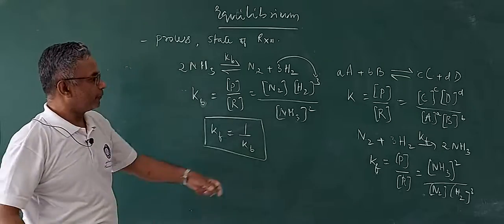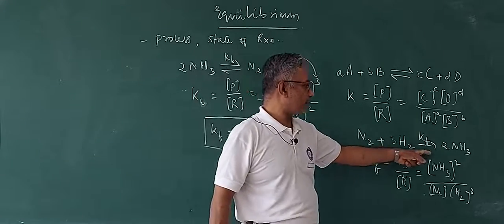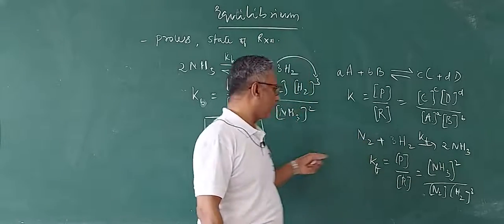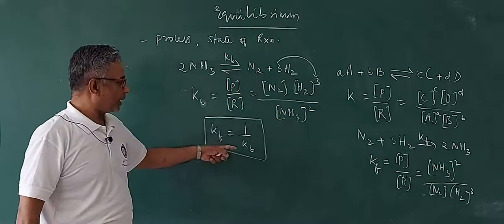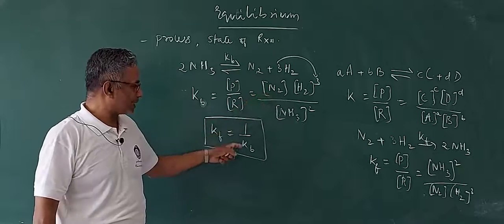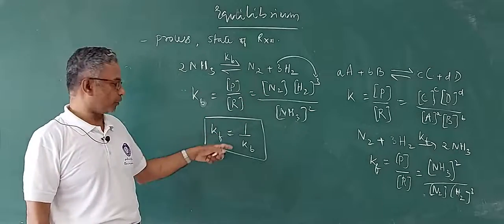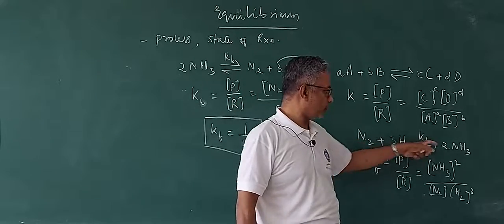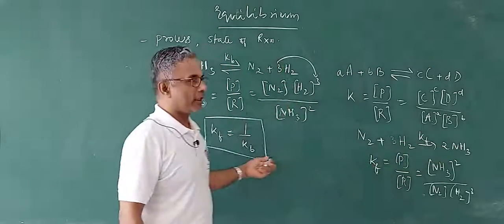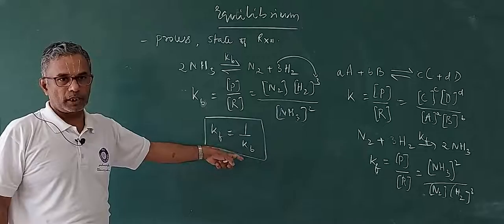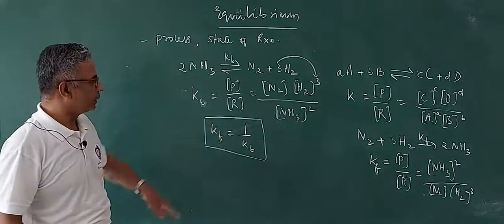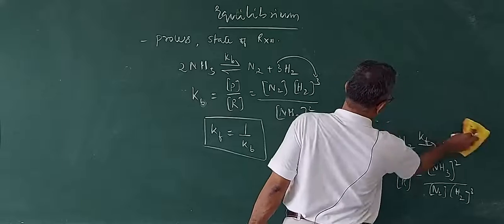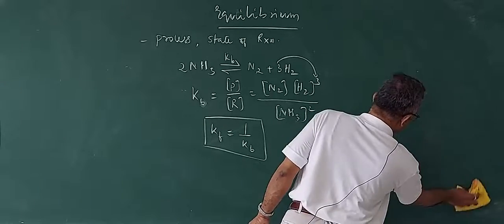That means if you know the equilibrium constant value for this particular equation, then for the backward reaction it will be the reciprocal of the forward reaction. So, by knowing the equilibrium constant for the forward reaction, you can calculate the equilibrium constant for the backward reaction. Now, this is the first derivation, one of the features of the equilibrium constant.